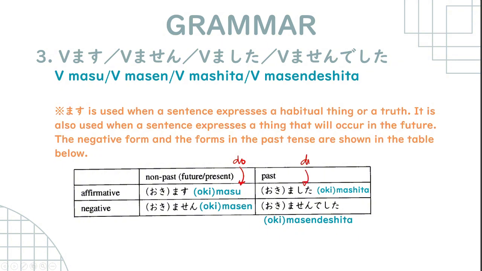This is did. This is did not. And this is do not. Okay? So okimasu is to wake up. I wake up. Okimashita is I woke up. Okimasen is I don't wake up. Okimasen deshita is I did not wake up.